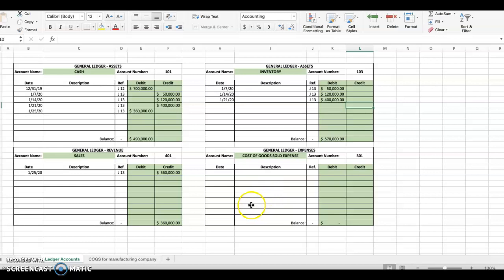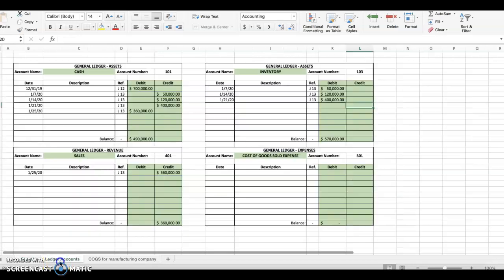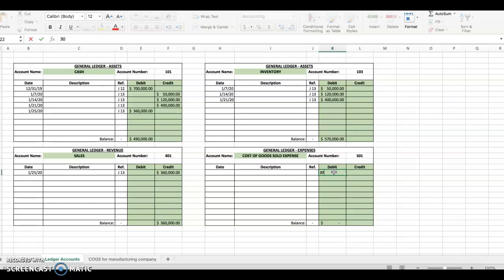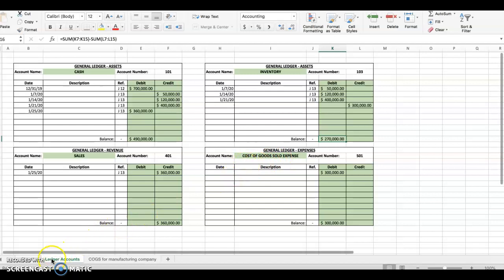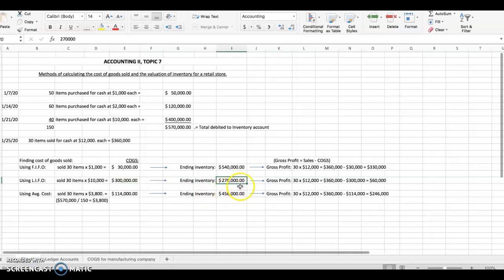If we use our cost of goods sold entry, and we use this amount of money, the $300,000, debit in the journal first, and then in the ledger, debit cost of goods sold expense and credit inventory, we see that a balance in inventory is left of only $270,000 because we used last in, first out. And that corresponds to what we show on this page of $270,000.